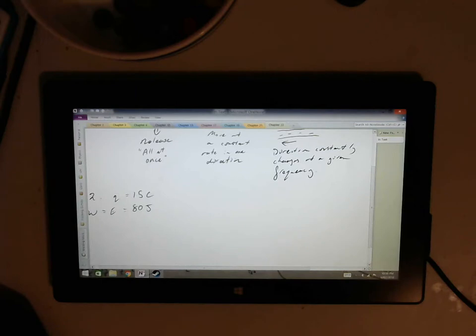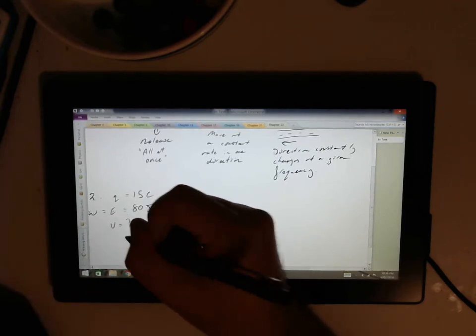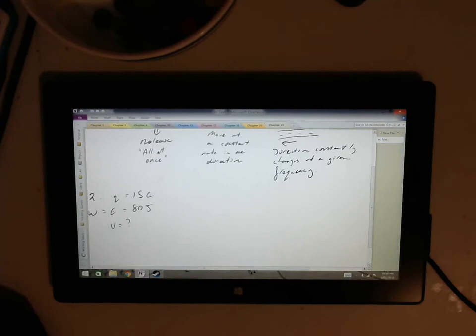And if we have a look here, the last thing it asks is, well, what voltage do we need? So what is the voltage necessary? V. Okay. So what we're basically saying is, how much work, how much energy do I have to put in to push a charge through with this much?